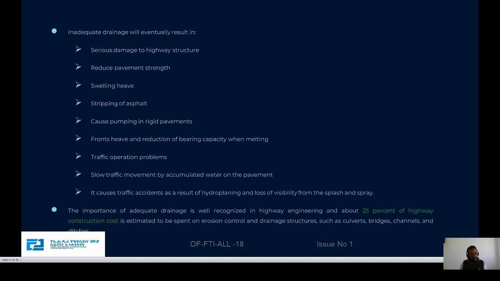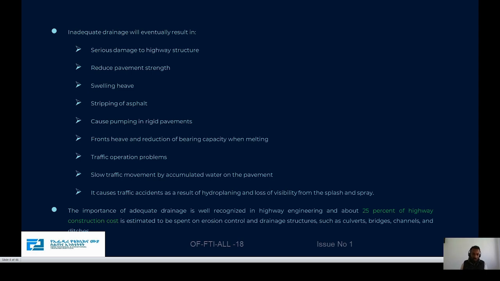Inadequate drainage systems are a critical or serious problem for highway structures, and also reduce the pavement strength. When the surface water is not removed properly, the water will percolate or infiltrate into the pavement structure.